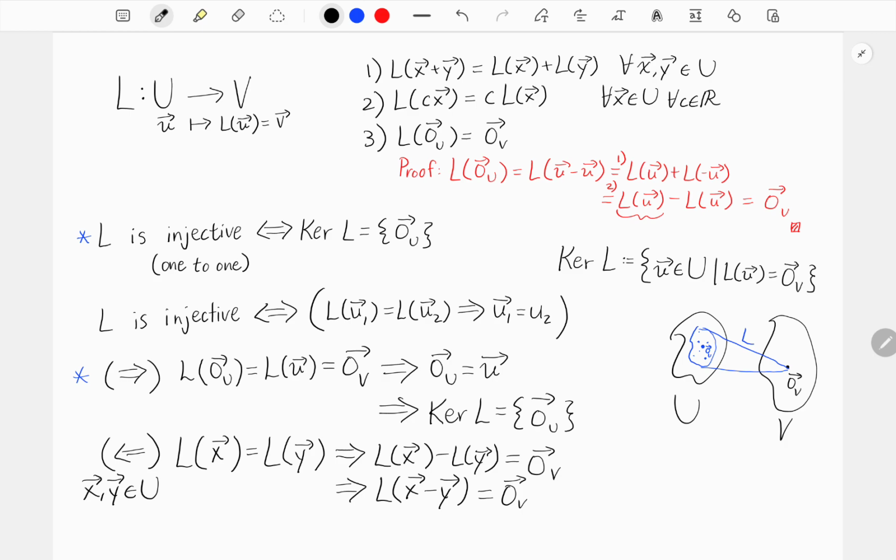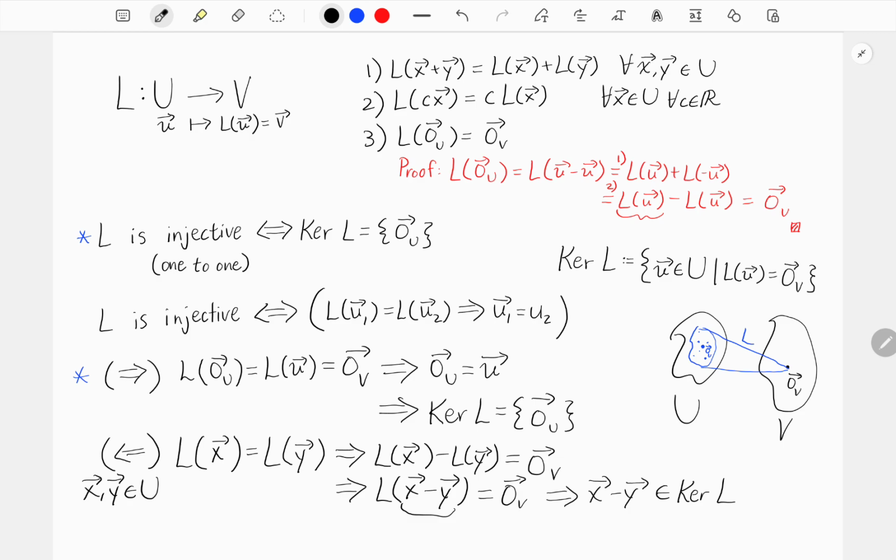So what does that mean? It means that x minus y has to be in the kernel of L. Because L of something gives you 0v, that something has to be in the kernel of L, since the kernel of L is all the elements that map to 0v.